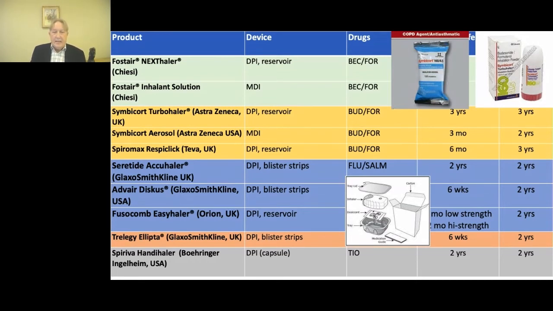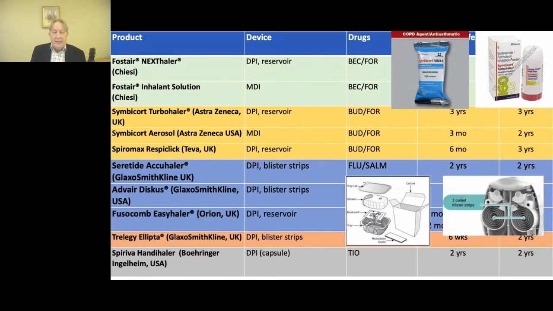Inside that packet is a desiccant, the inhaler, and then a seal on the top. When the patient removes that, it becomes exposed to the moisture. If you look inside an Ellipta inhaler, you see those 2 blister rolls, which is quite similar to the blister strips in the Diskus.